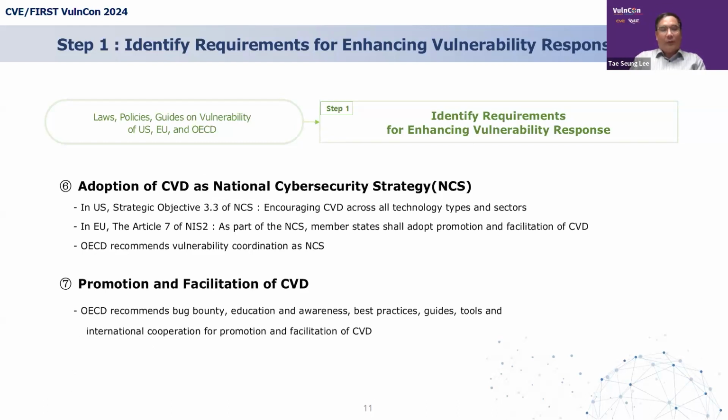The sixth requirement is the adoption of CVD in the national cybersecurity strategy. The US National Cybersecurity Strategy includes CVD as strategic objective 3.3. Article 7 of the EU's NIS2 requires EU member states to adopt a vulnerability management policy as part of the national cybersecurity strategy.